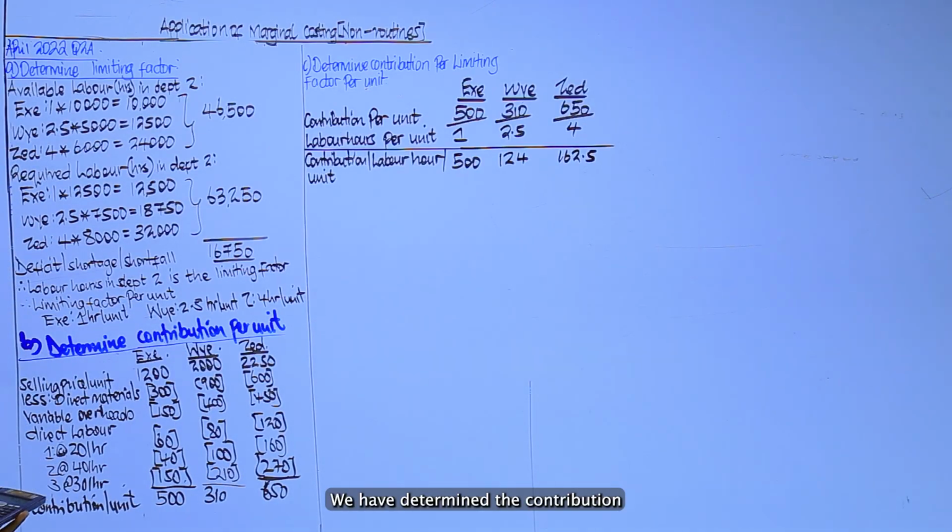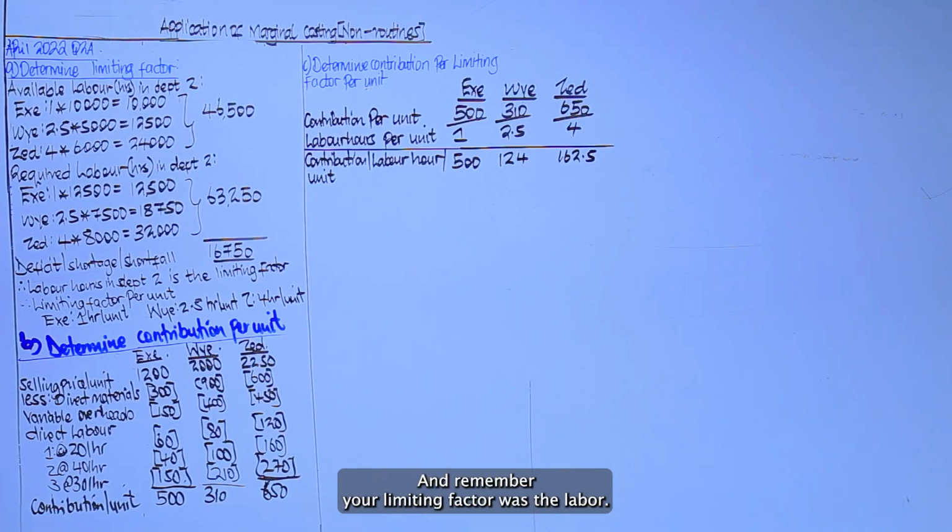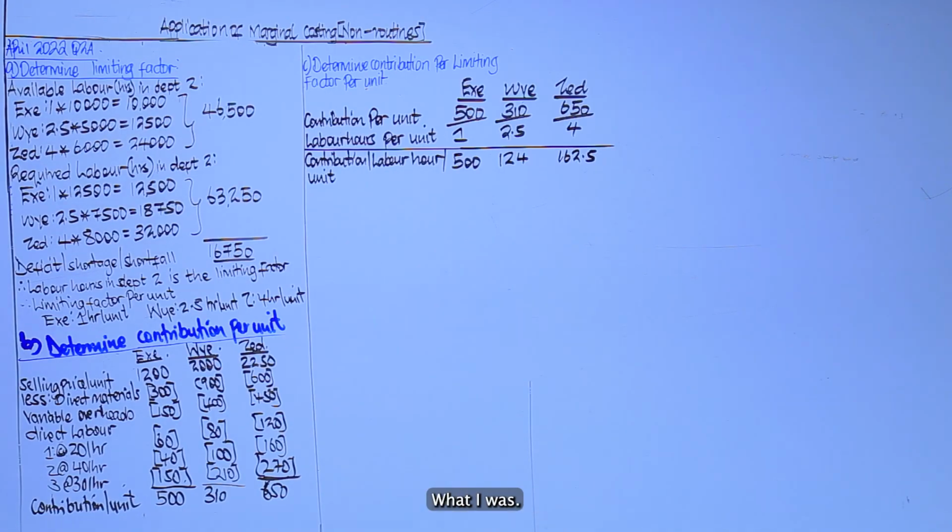We have determined the contribution per limiting factor by simply doing what? By taking the contribution, you divide by your limiting what? Factor. And remember, your limiting factor was the labor what? Hours. It was the labor hours.